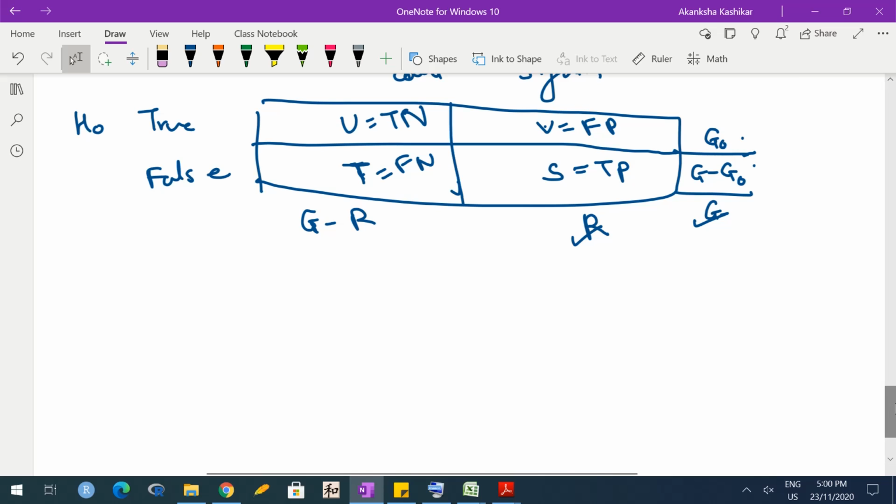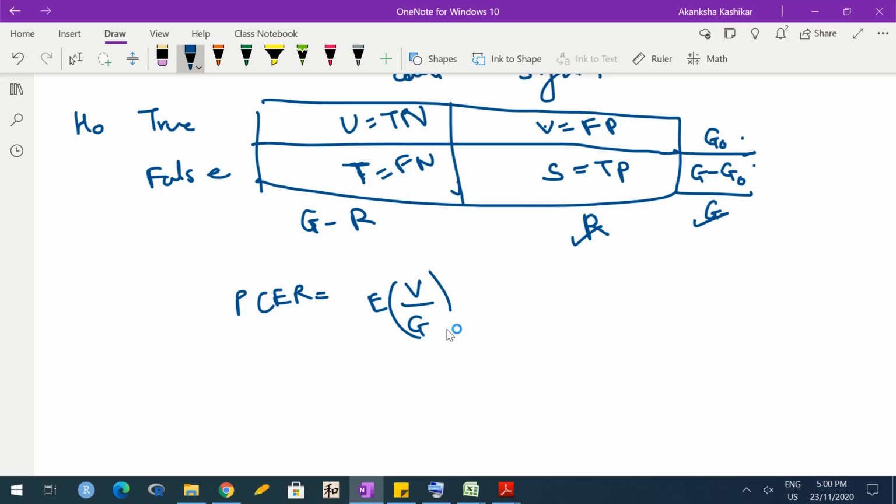If we want to write it in terms of these notations, the per comparison error rate in this table would be V upon G, the number of false positives out of the total number of tests. But of course V, U, T, S, everything is random, so it is expected V upon G.